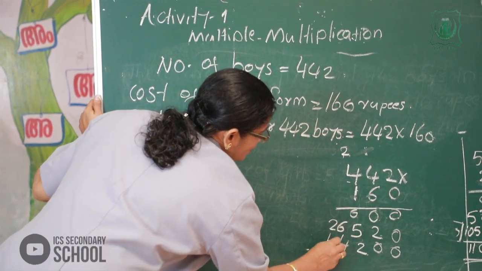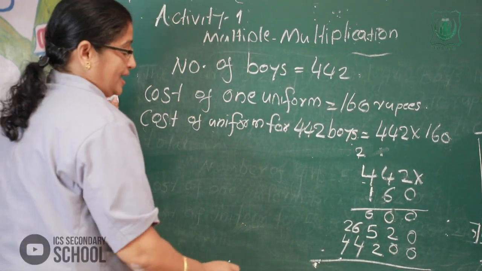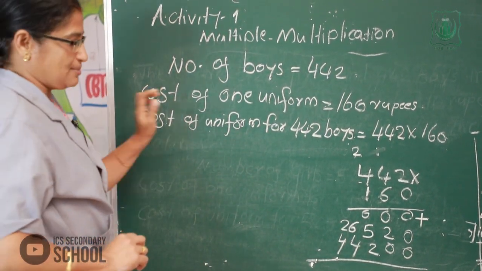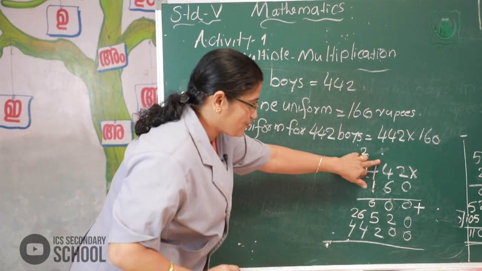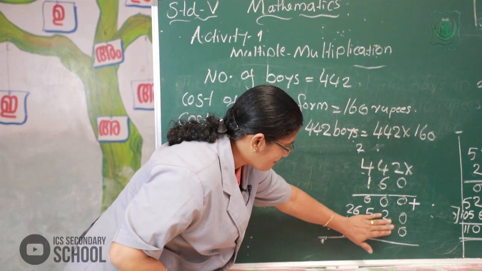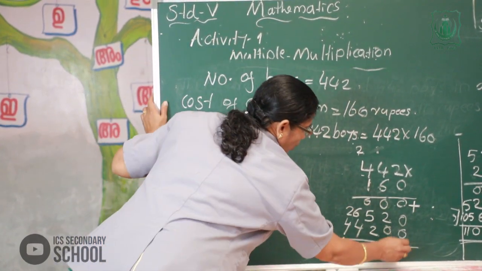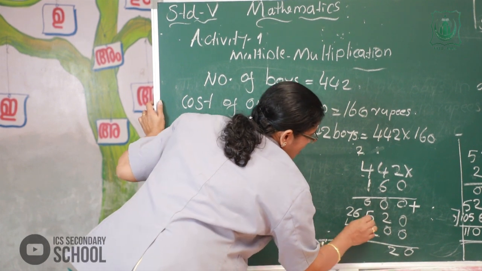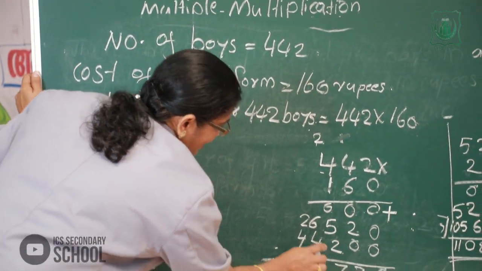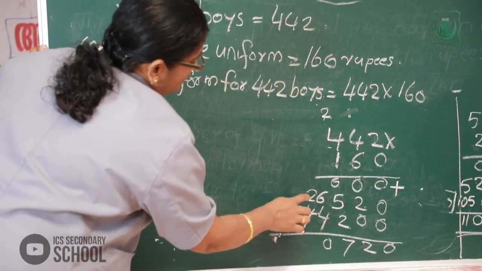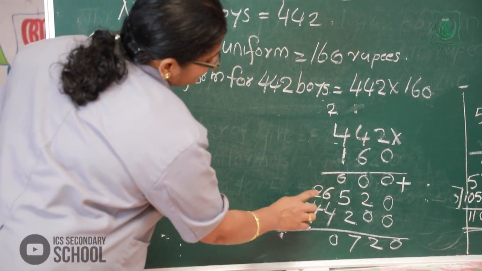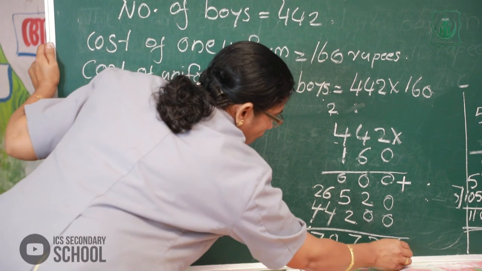First multiply this number, 442 multiply 160, and then add these numbers. 0, 2, 5 plus 2, 7, 4 plus 6, 10, 4 plus 2, 6, 6 plus 1, 7.